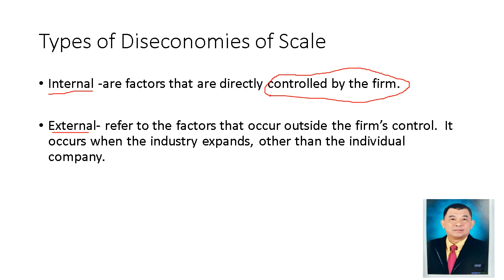It occurs when the industry expands. Meaning to say, if you are in the automobile industry, the manufacturing industry, let's say consumer goods, or semiconductors, the industry where you are expands, but your company or firm did not adjust to that change.